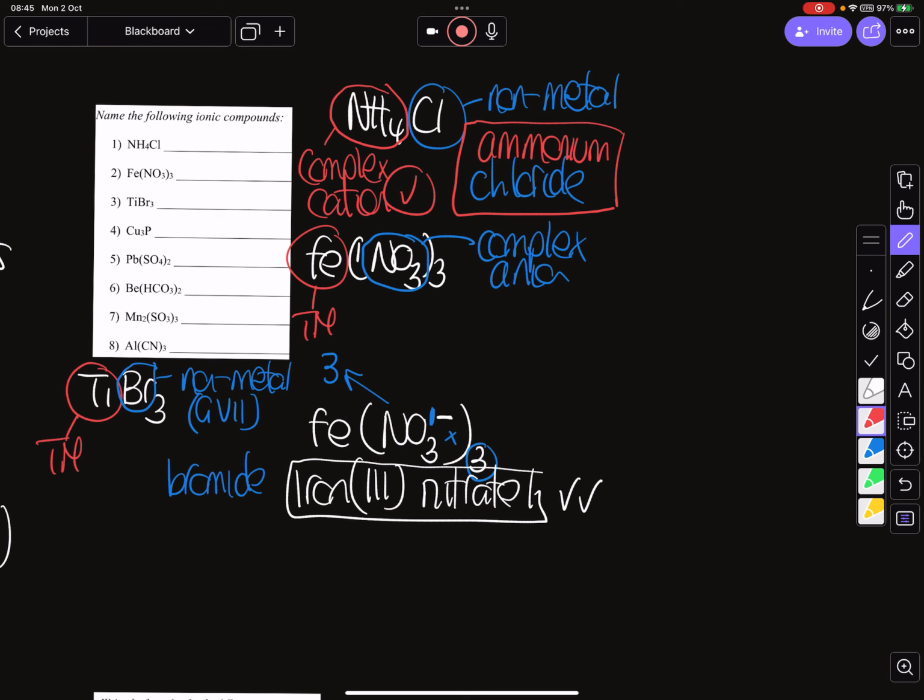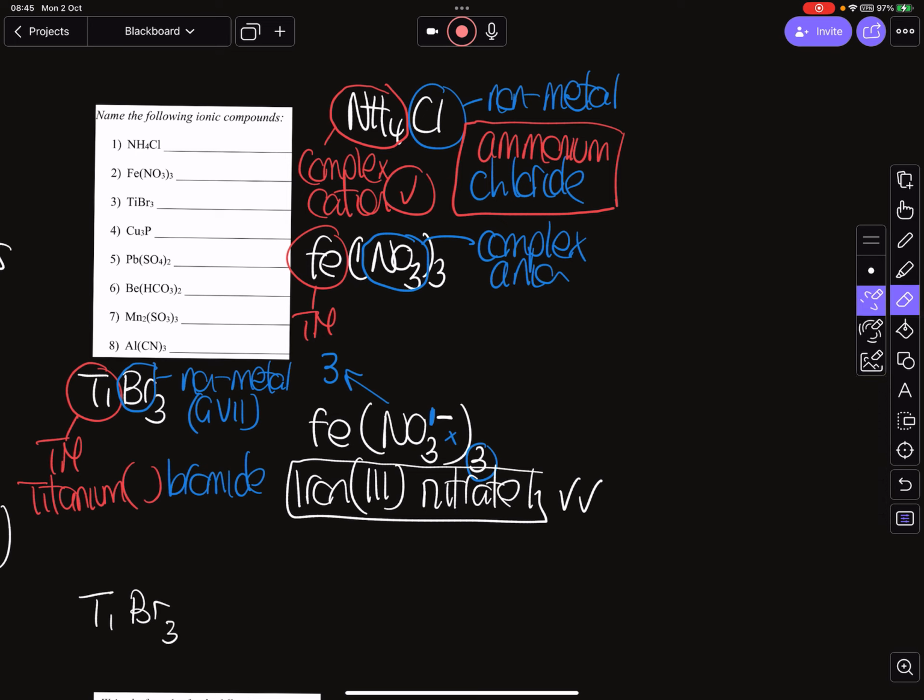It's going to have a titanium in it, but we need to figure out what the charge is on this. So we're going to use our drop up with Br3, and in this case the only thing we need to drop is this 3. There's a -1 here, so if we do a multiplication, 3 by -1 is 3, so it's going to be a +3, so then our name becomes titanium 3 bromide. And again, if you look at my mark schemes, you'll get a tick and a tick.